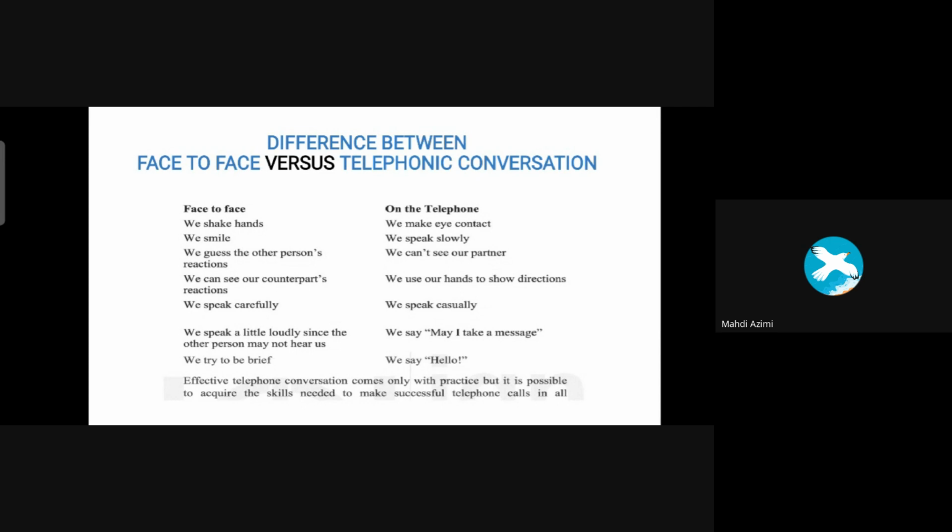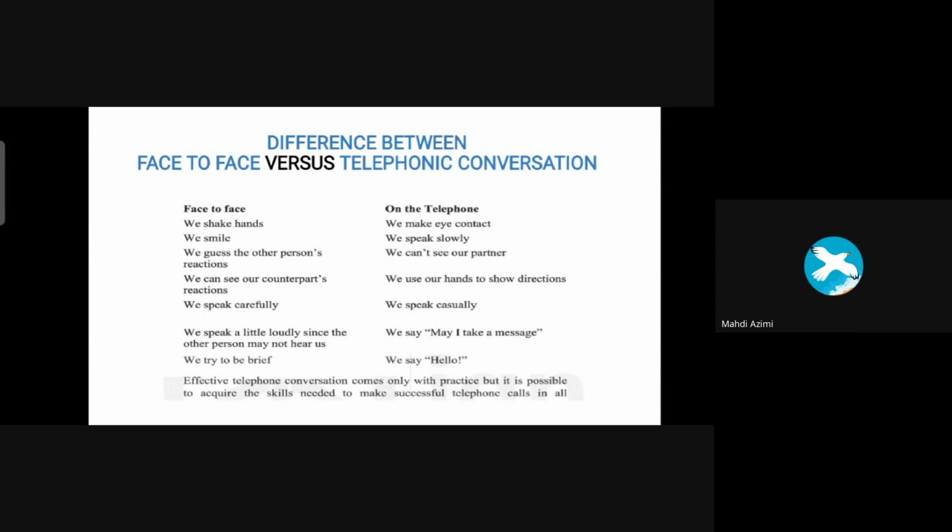Here we do not know who our customer is, we just hear the voice of our customer. On the other hand, in face-to-face conversation, we can see the reactions, but in telephonic conversation we can just use our hands to show certain reactions.